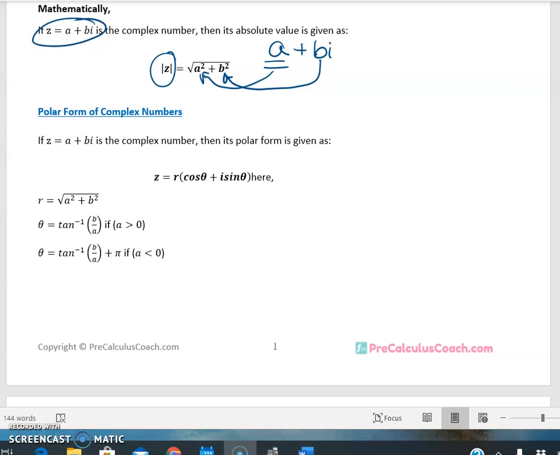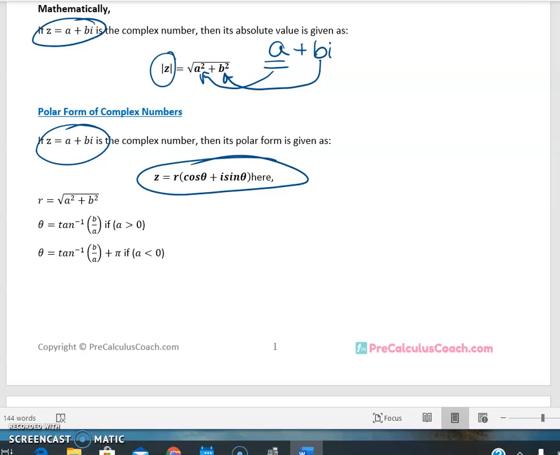Okay, so for polar form of complex numbers, we have z equals a plus bi. And that's our complex number. If we want to change that to polar form, then z, which is our a plus bi, is equal to r, the radius, times cosine theta plus i sine theta.